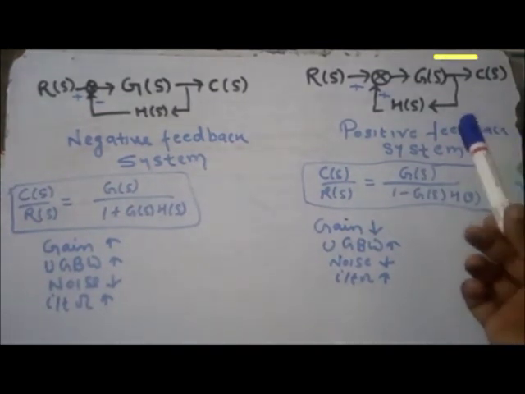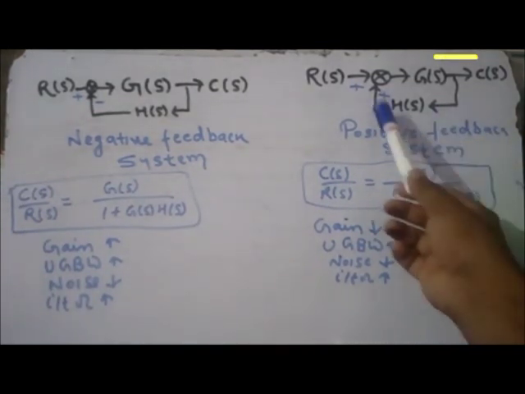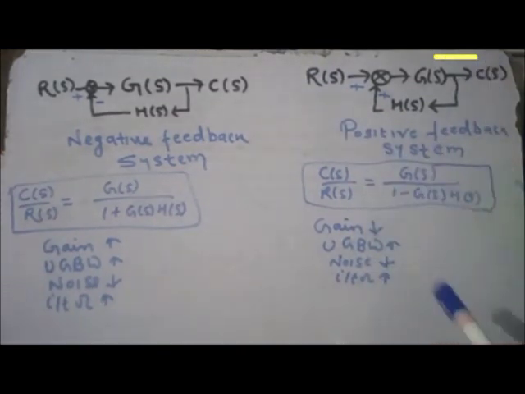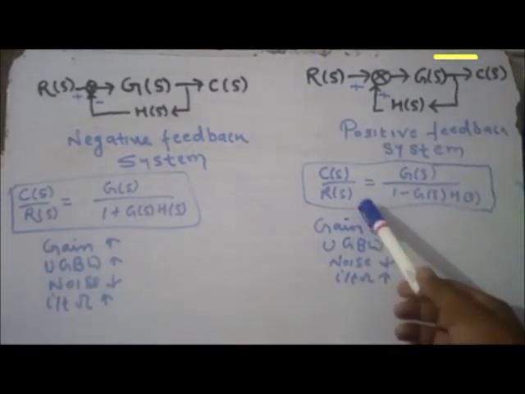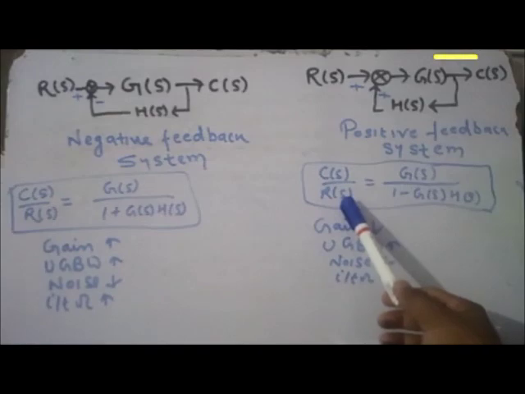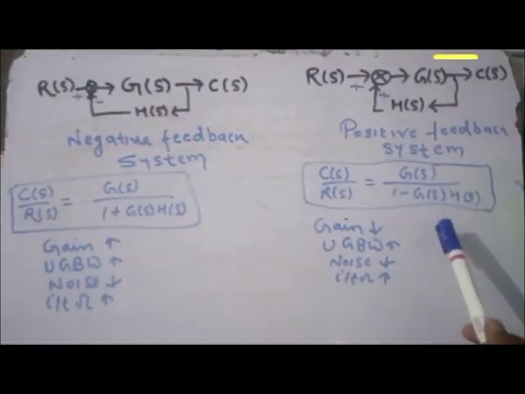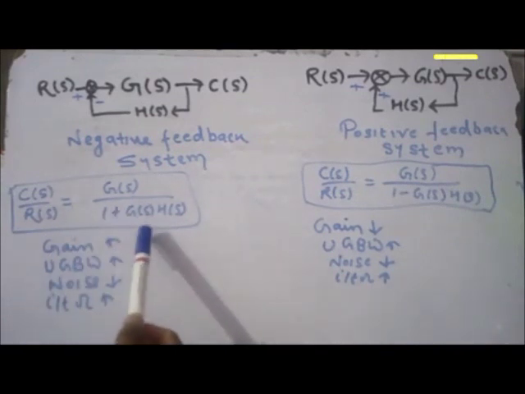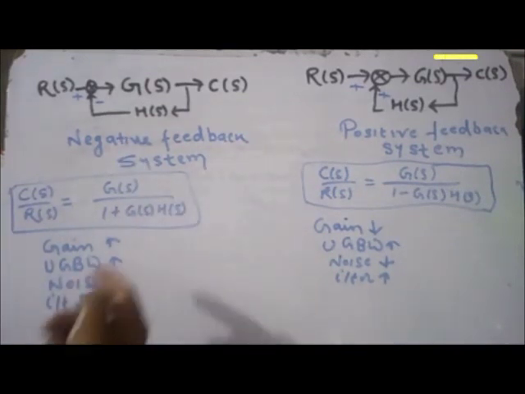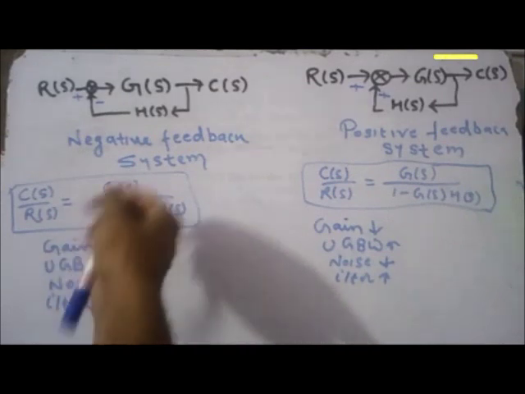The transfer function C(s)/R(s), output upon input, equals G(s) / (1 - G(s)H(s)). And in the other case, it is G(s) / (1 + G(s)H(s)). So in this case, what is the transfer function? It is less, because it's addition, that is, the denominator will be high compared to the numerator. That means its transfer function value is less, but the gain is stable.